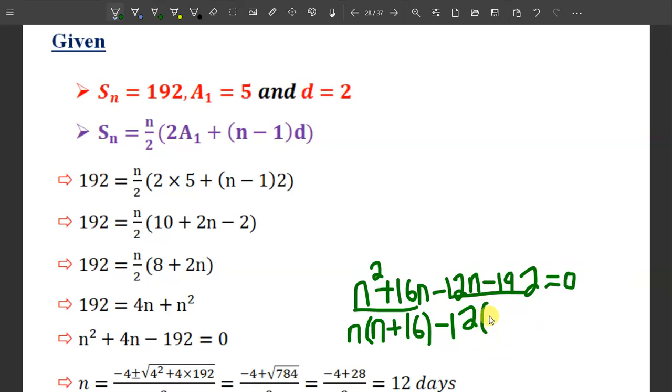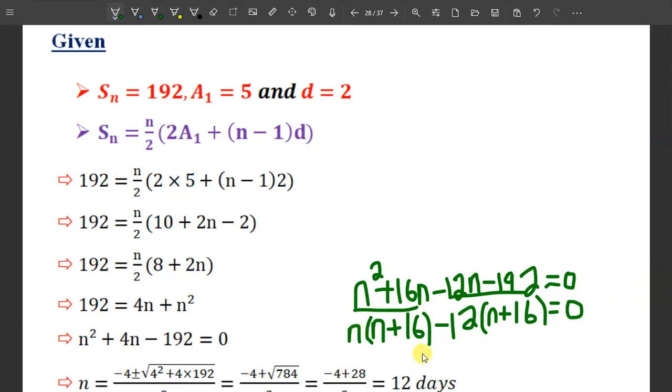Then the expression that must come in the bracket must be n plus 16. This is known as the factorization method. n plus 16 is common, and minus 12 and this n are known as factors.